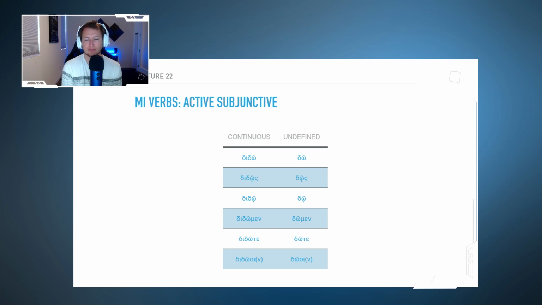The aorist doesn't do that. So you just take the tense stem and you apply the subjunctive endings. Dō, dōs, dō, dōmen, dōte, dōsin. Okay? Because it's undefined, you don't use the helping word continuously. I might give, you might give, he might give, we might give, you all might give, they might give. Okay?